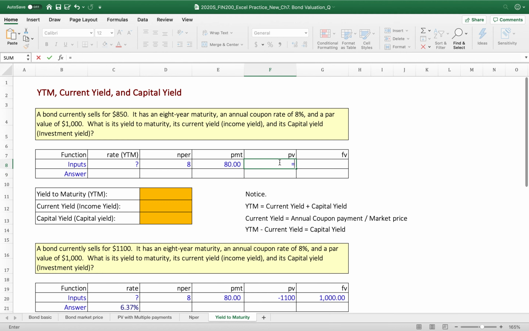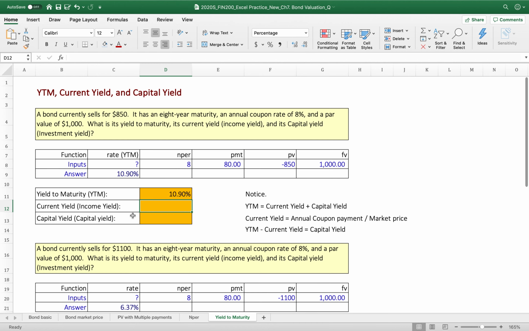And then as an investor, we pay how much? 850. That's why the present value is negative. But at maturity, we'll receive $1,000. Then the rate can now be calculated from these inputs. So the yield to maturity is 10.9%.